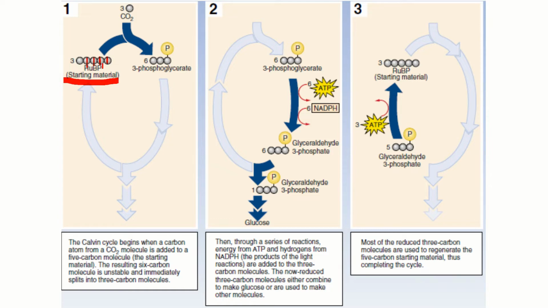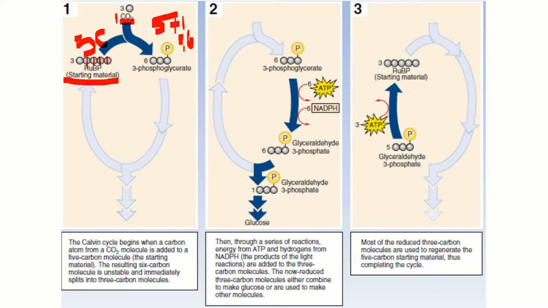This RuBP is accepting carbon dioxide. One RuBP is accepting 1 carbon dioxide. It becomes 3-phosphoglycerate. But look here: 5 carbons are there in RuBP, and 1 carbon is there in carbon dioxide. So 5 plus 1 should be equal to 6.